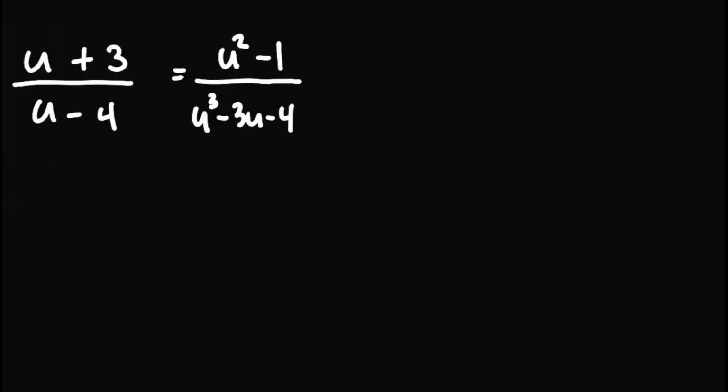Note that if we apply the cross multiplication method out here and multiply this 2 and multiply this 2, that would be very large. This should be 2. That would be a very large outcome, since we'll have a polynomial of degree 3.